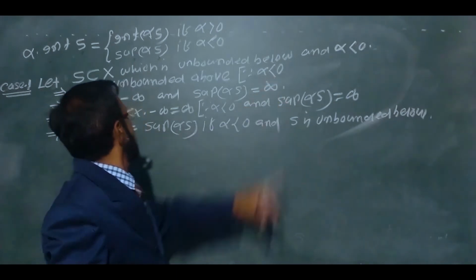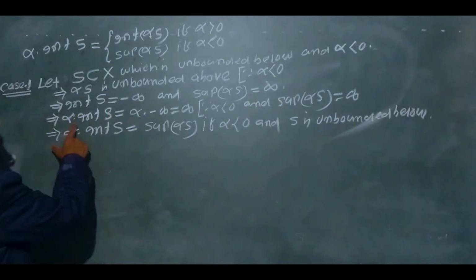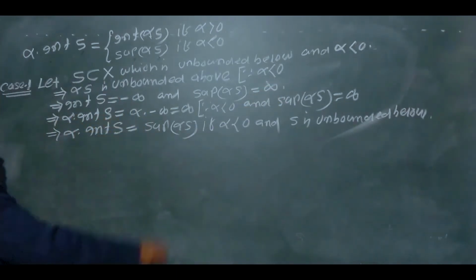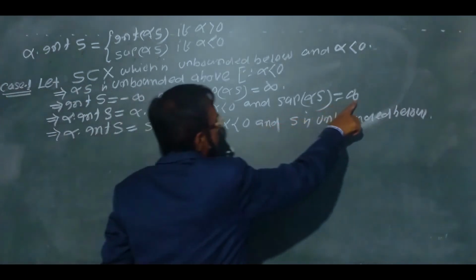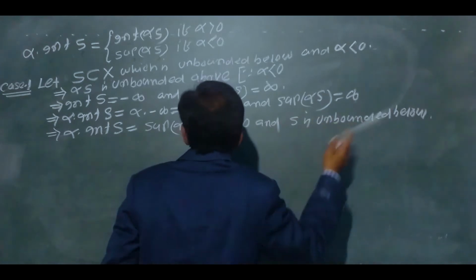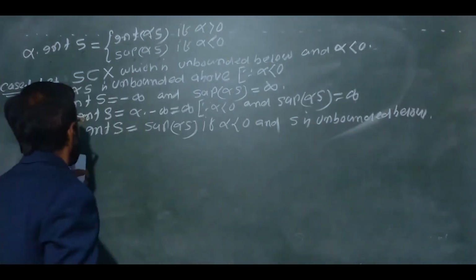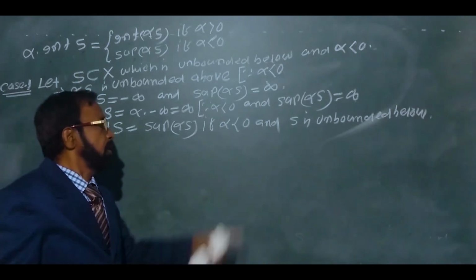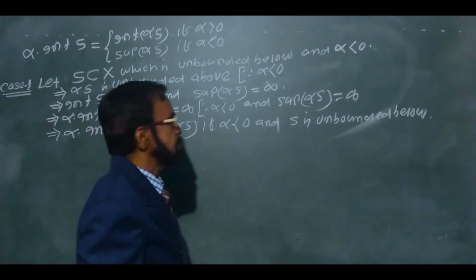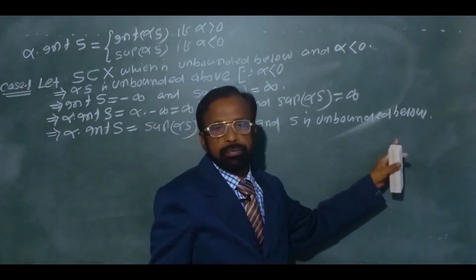Since alpha is less than 0, alpha into infimum of S equal to plus infinity and supremum of alpha S equal to plus infinity. From these two, we have alpha into infimum of S equal to supremum of alpha S if alpha is less than 0 and S is unbounded below.